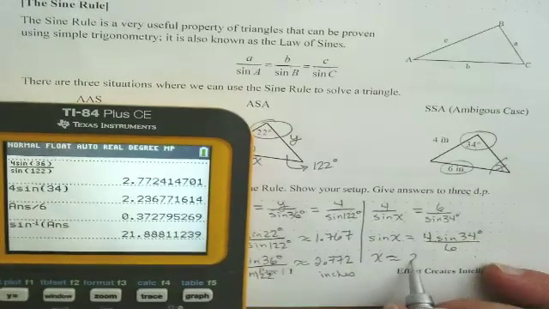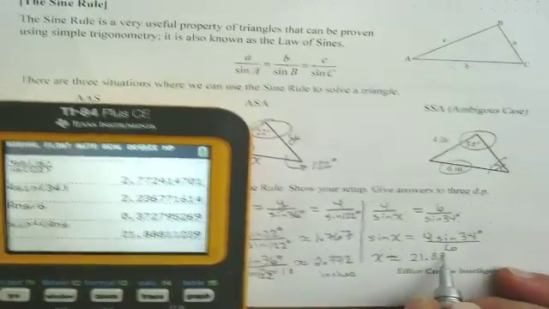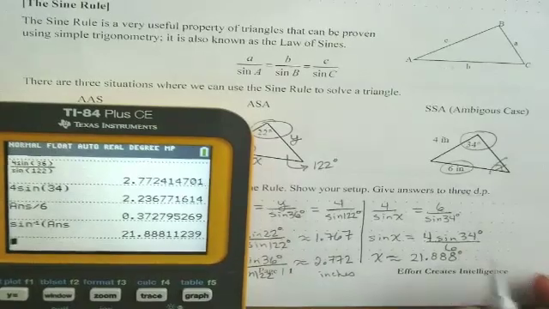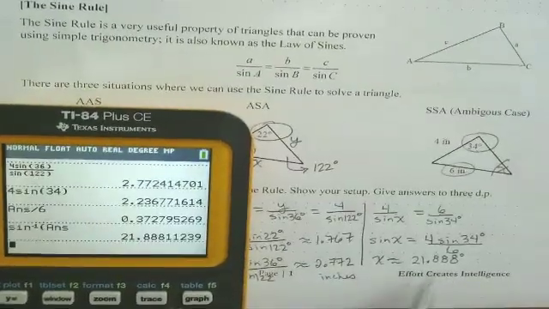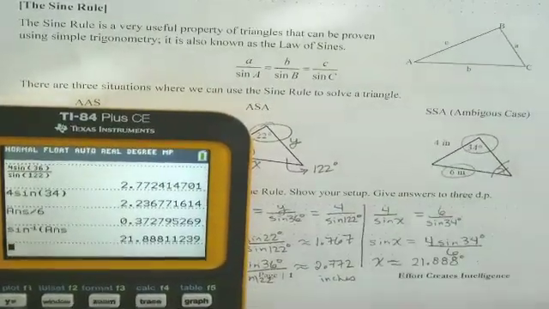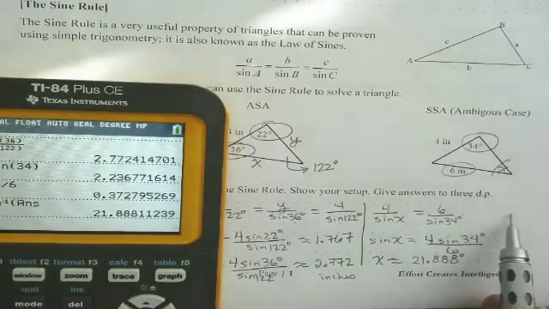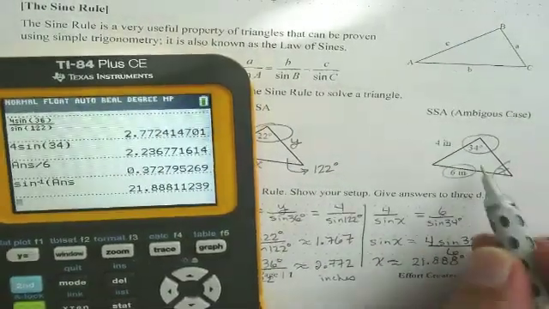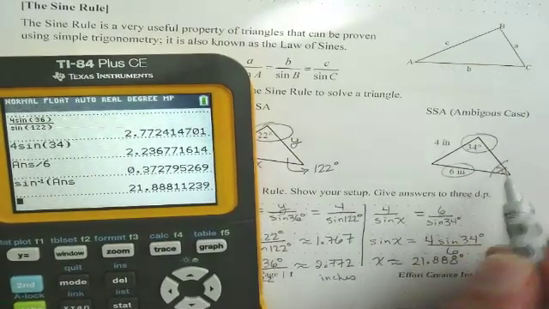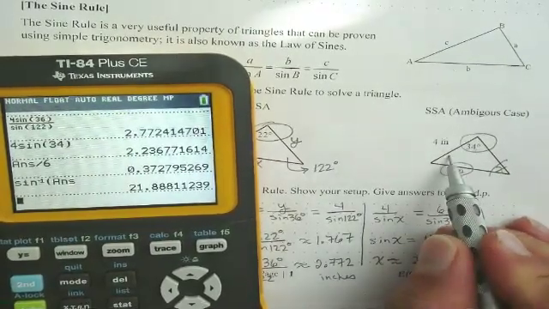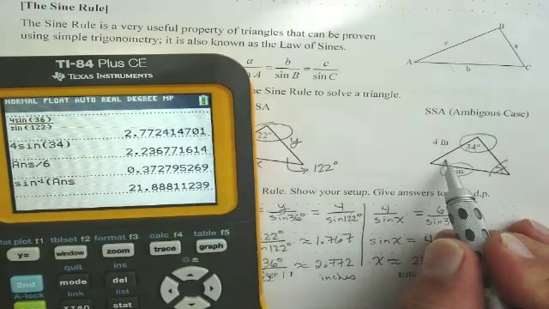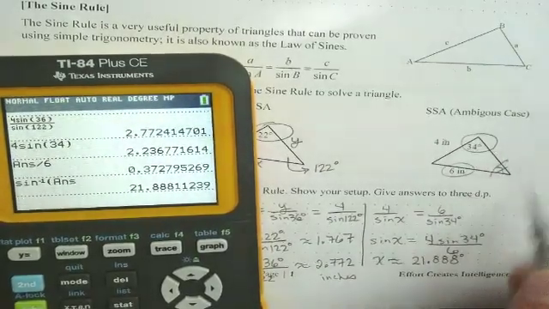So we'd say, hey, 21.888, the lucky 888 degrees. Okay, so that would be our missing angle. Now, if we know this angle, we know this angle, we of course can figure out the angle over here. And if I know this angle, then I can figure out this missing side length.